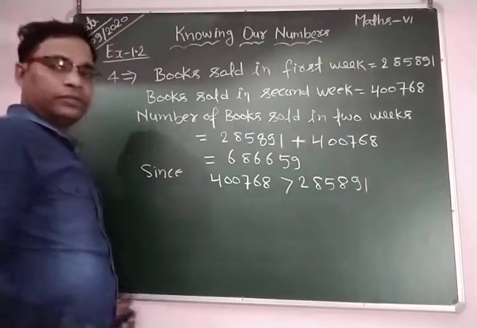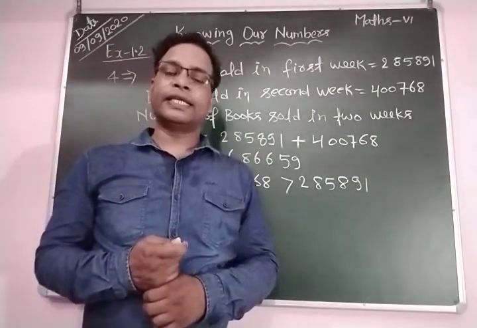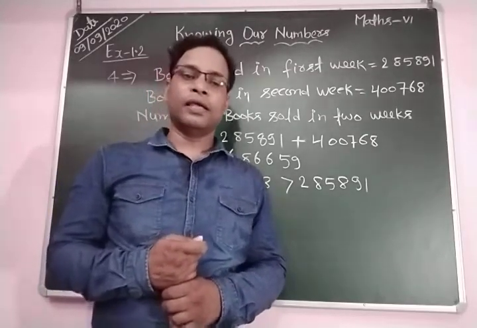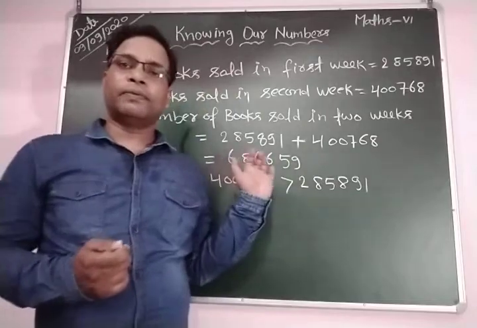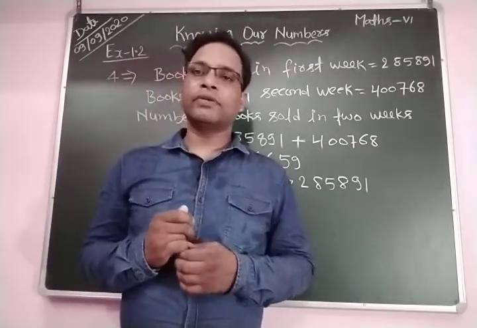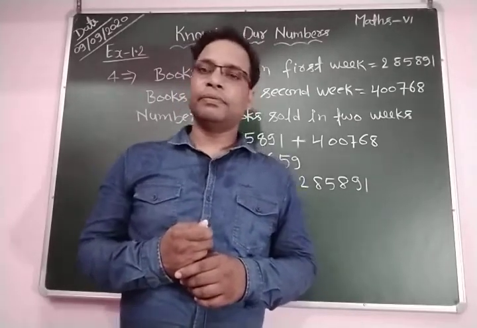Clear? So obviously you can say the sale of second week is greater than the sale of first week. You can see here that 4 lakh is greater than 2 lakh, and therefore the sale of second week is greater than the first week.